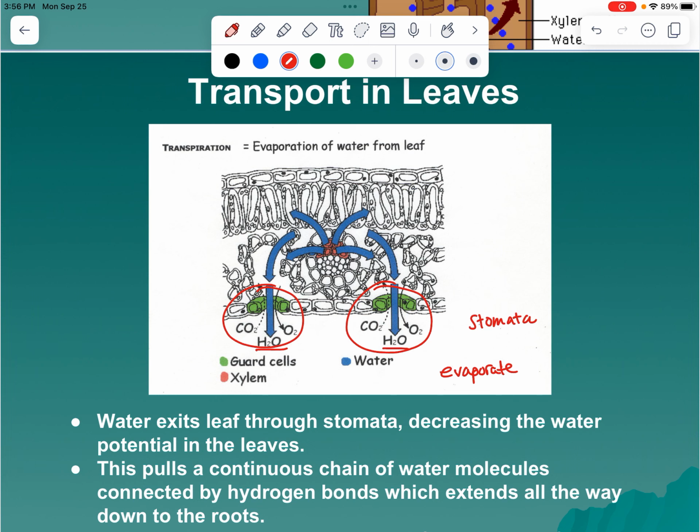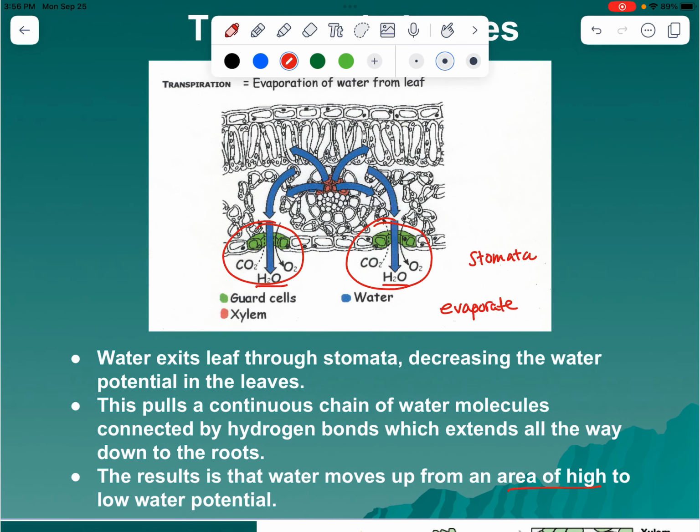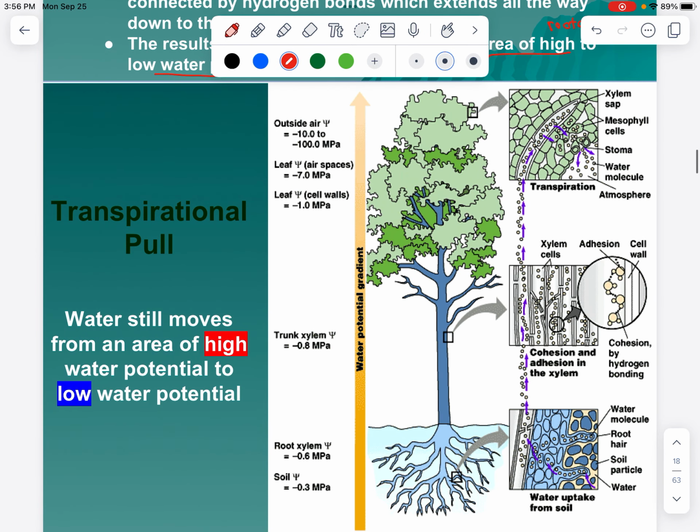So this results in an overall movement of water from an area of high water potential to low water potential. The area of high water potential will be down in the roots, and the area of low water potential will be up on the leaves because water is constantly being lost and water will move towards that direction.